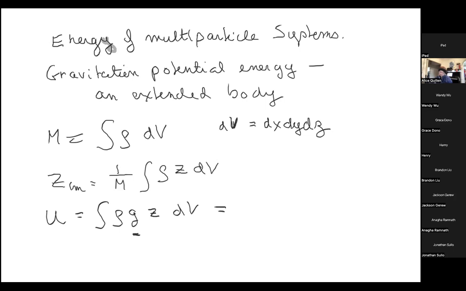But looking at this, let's take this equation and rewrite it a little bit. Just move the M to the other side. If I take this g out, you can see it's the integral of rho z dV. What's rho? Rho is mass density.